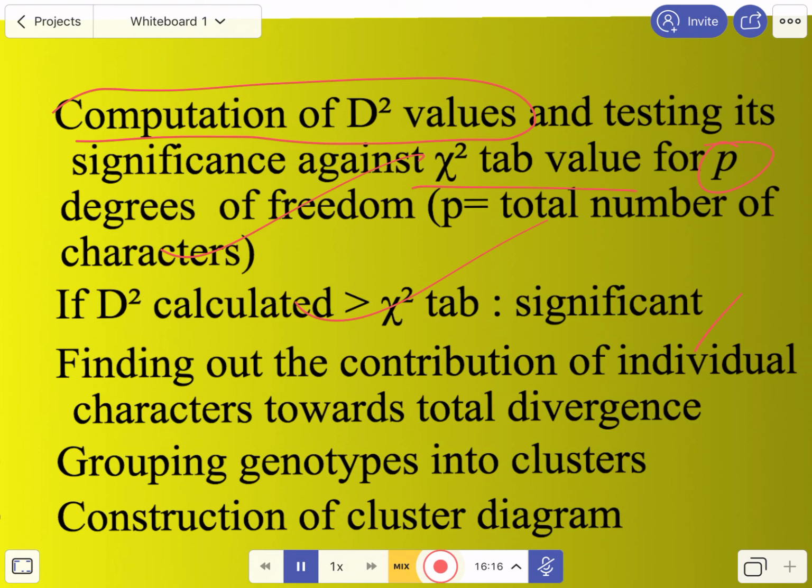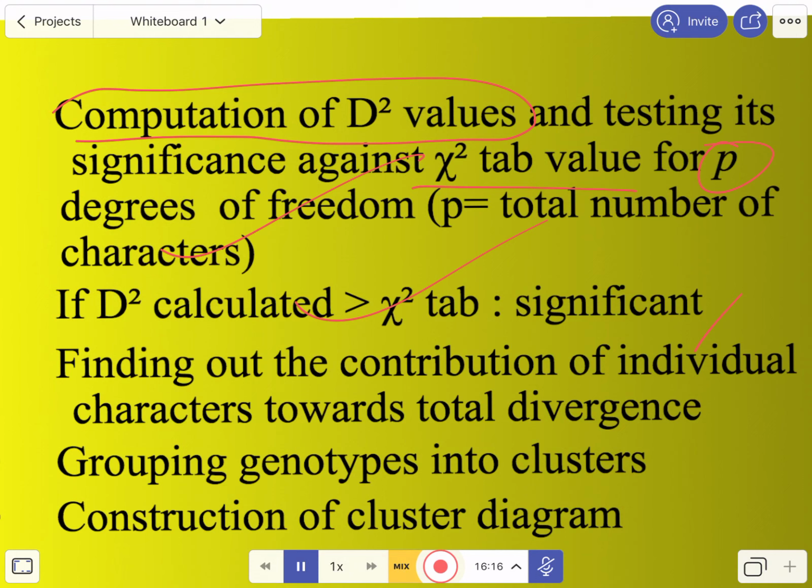So these are the major steps for the analysis of D-square statistics: computation of the D-square value, testing with the chi-square tabulated value, then significant or non-significant. If significant, then finding out the contribution of each character towards the total divergence, then grouping of genotypes into clusters, then intra-cluster and inter-cluster levels, then construction of the complete cluster diagram.